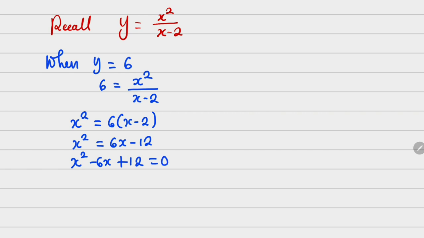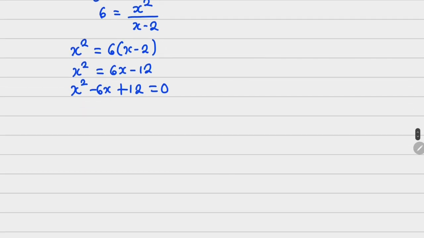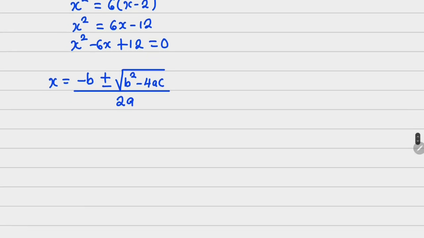Now this x squared minus 6x plus 12 is equal to 0. This is not factorizable, so we are going to make use of the quadratic formula, which says x is going to be minus b plus or minus root of b squared minus 4ac, all over 2a. Now, what do we do with this?